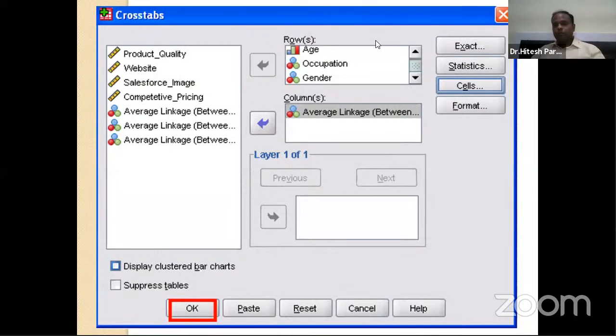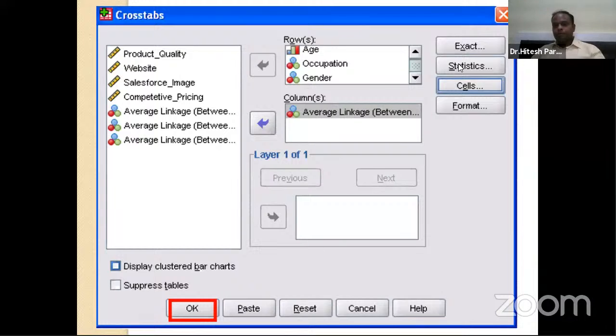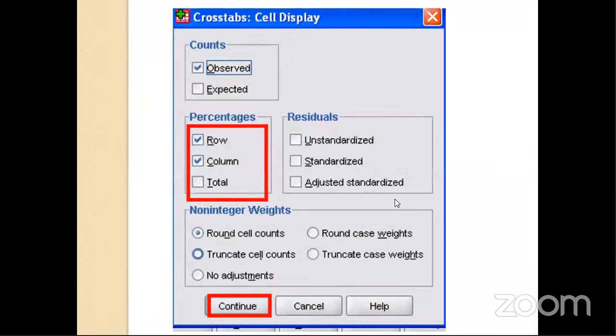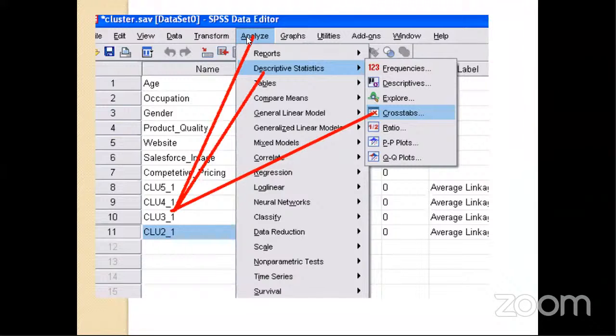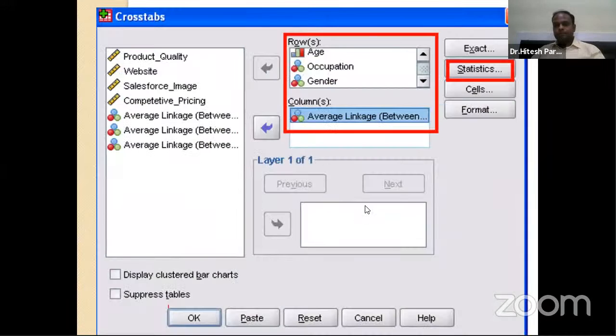We are just observing the crosstab between our demographic profile and cluster. Should I repeat? Please repeat the last 2-3 steps. Okay. Click on Analyze, Descriptive Statistics and Crosstabs. Once you click on Crosstabs, you need to transfer age, occupation, and gender, our demographic profile variables, into row variable.